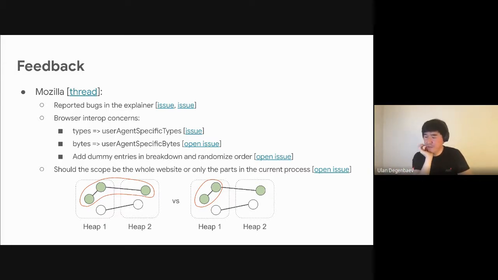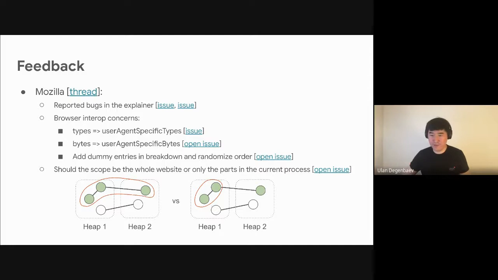Another open question is what should be the scope of the API. Currently we are going with the scope that is what developers would expect: the whole web page together with all iframes, same origin and cross origin. But an alternative is to still look at the browsing context group or the web page, but limit it to the current process.